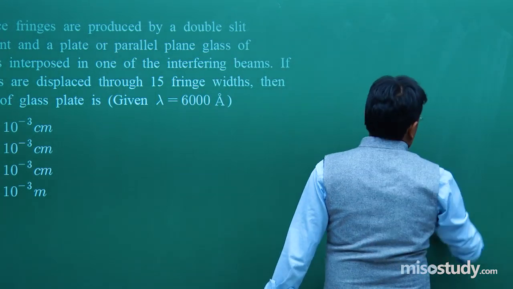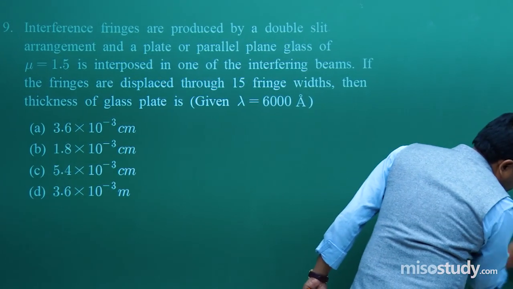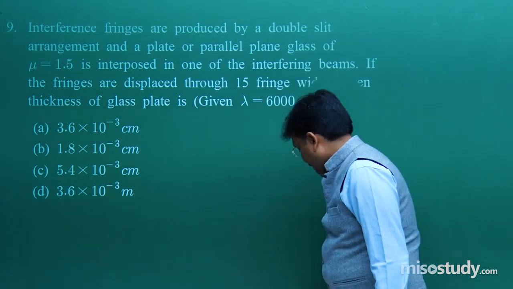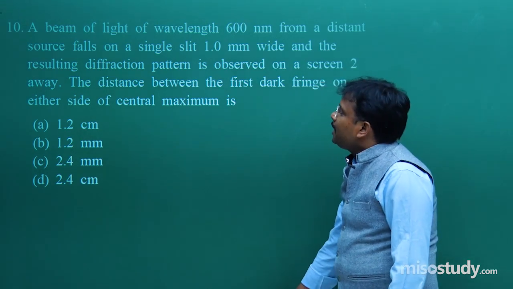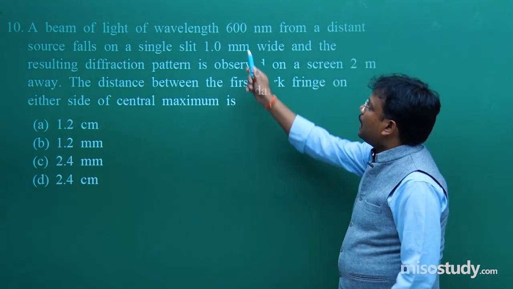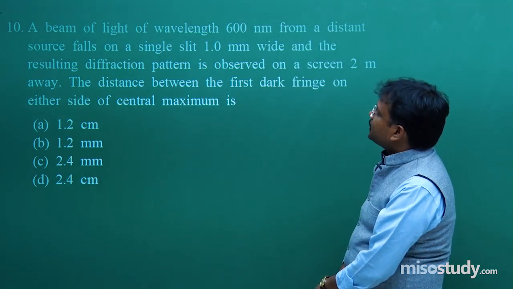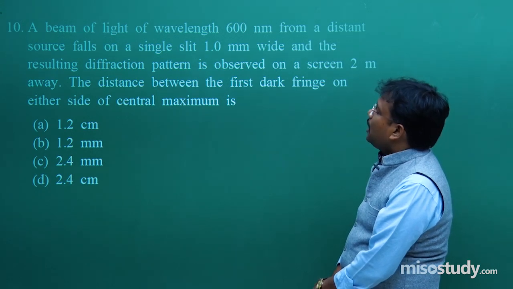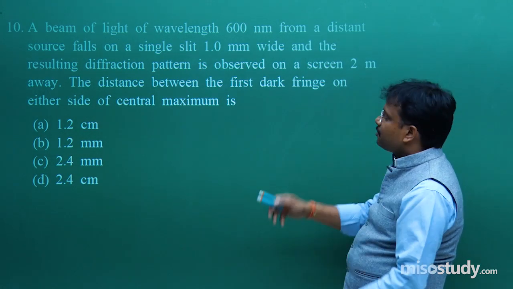Now let us move to the next problem. A beam of light of wavelength lambda, for the time being just read the problem like this, from a distant source falls on a single slit 1 mm wide and the resulting diffraction pattern is observed on a screen some distance away.